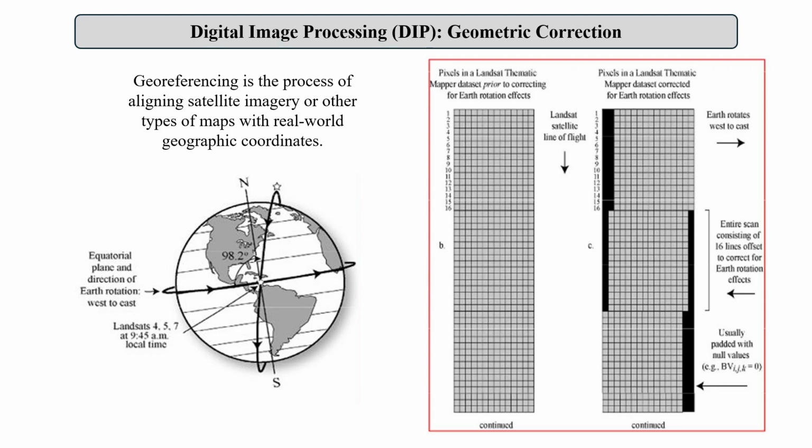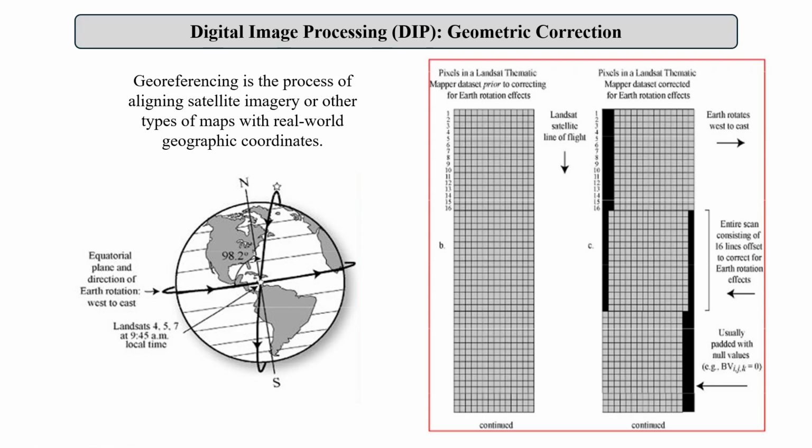Also the earth is rotating, so the image that we get is like this, but geographically it is something like this. These need to be corrected before we analyze the data.